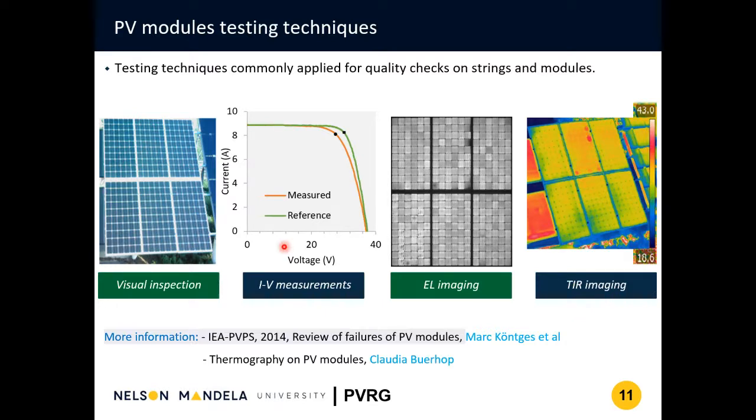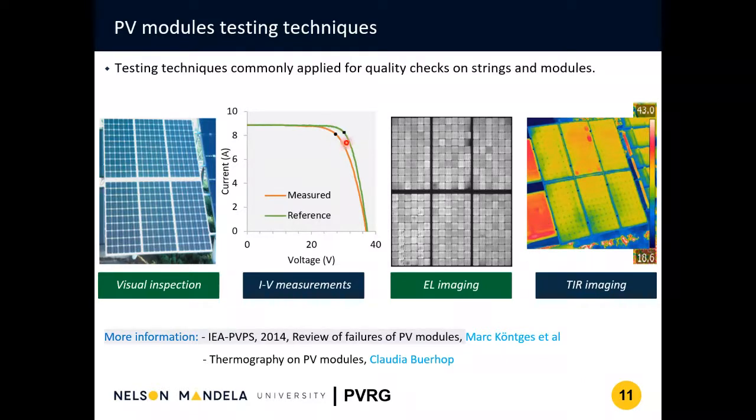Visual inspection is a quick method to identify anomalies on PV modules, but other anomalies cannot be detected visually, so they require other testing techniques like IV measurements, EL imaging, and TIR imaging.